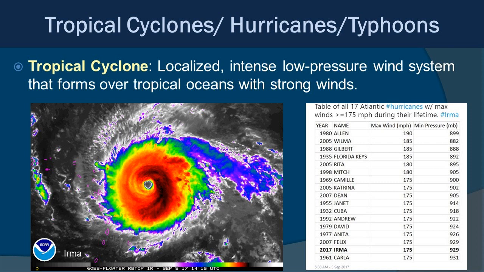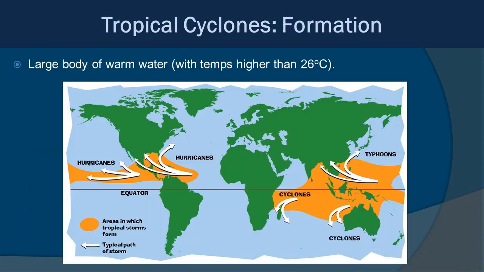And the lower the pressure, the stronger that low pressure system is. Generally, it means the stronger the winds, the more damaging the storm. You can see down there where Hurricane Irma ranks in 2017 with sustained winds of 175 miles per hour with 929 millibars of pressure at the center.